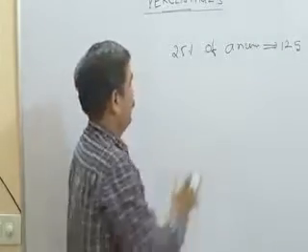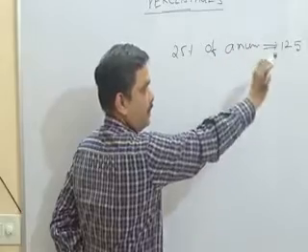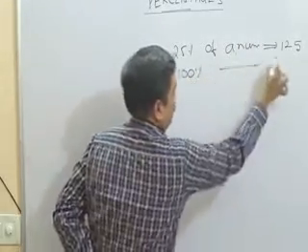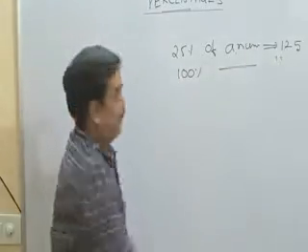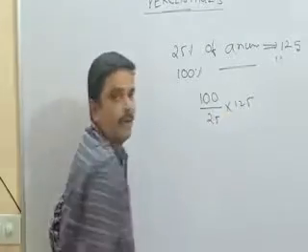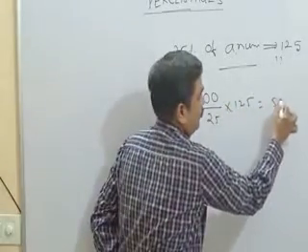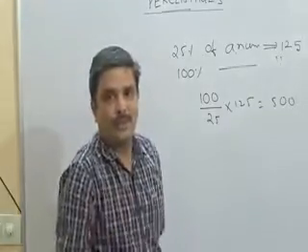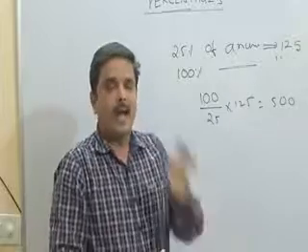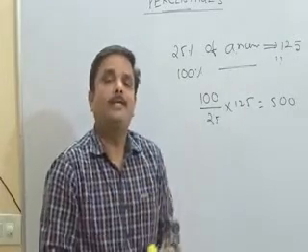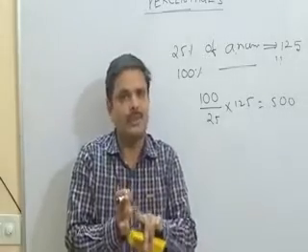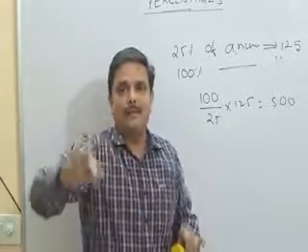Now very clearly, when 25% of a number is 125, this number, nothing but 100%, is 100 by 25 into 125. Again it is 500. Hope you got the idea. Next time onwards, don't take any x here. Avoid x as far as possible. I'll teach you many chapters without taking x, including time and distance, ratio, proportion and everything, in the due course of time.